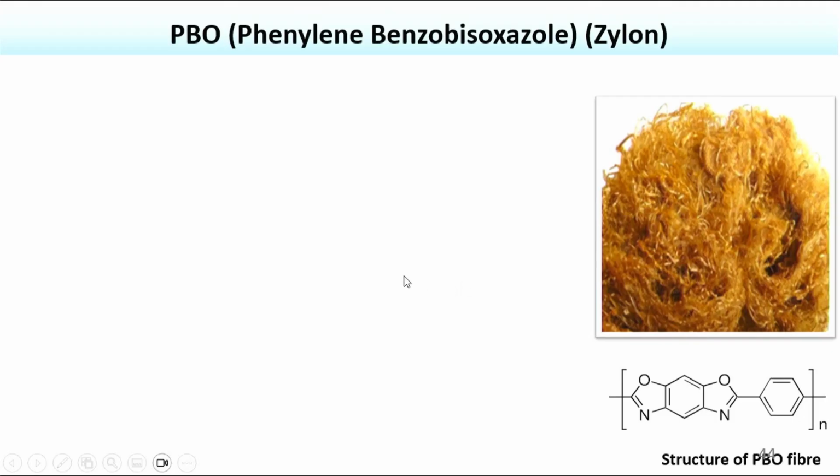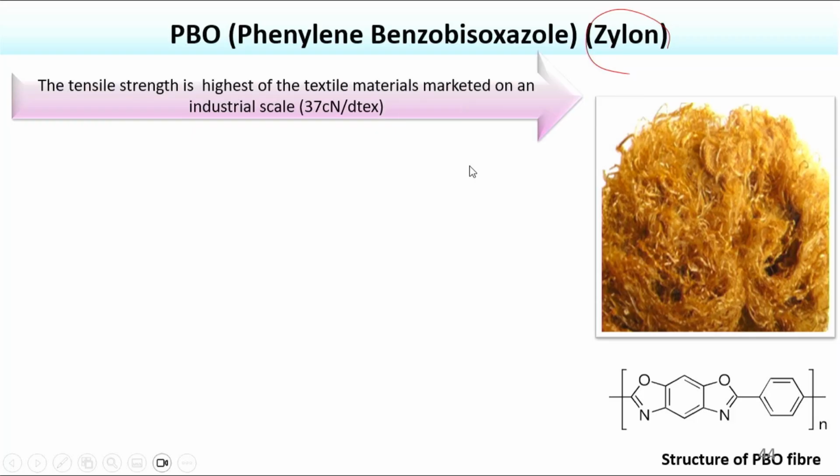Now, PBI fiber, so commonly Xylon is the trade name of commercially available PBI fiber. So, tensile strength here is the highest of all textile material marketed on industrial scale.